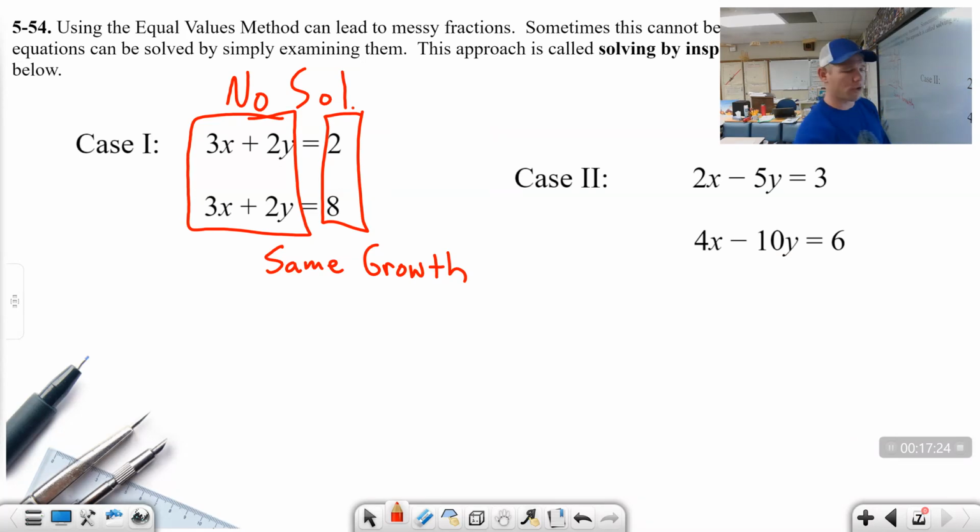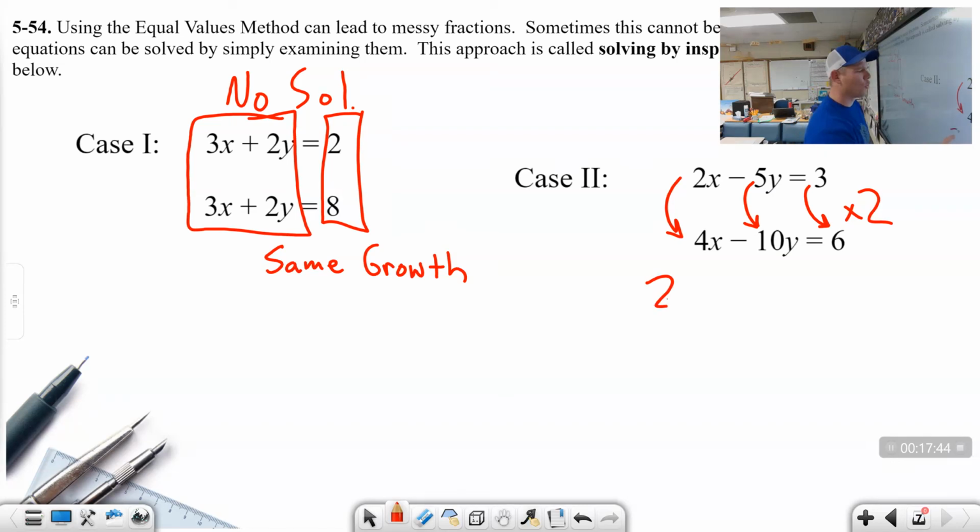Okay? Now, I want you to know, on our last problem, I notice once again that there's another relationship. I notice right here, each of these numbers are 2 times bigger. So, Mr. McCoy, what does that matter?